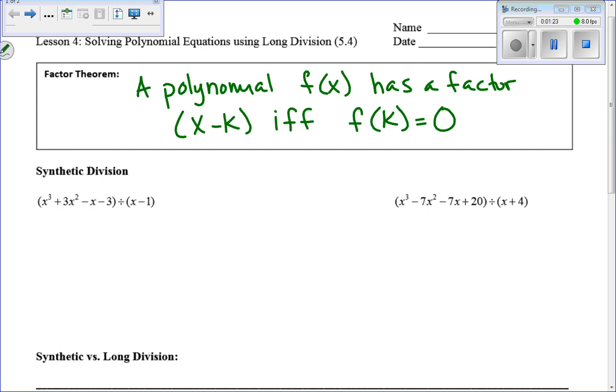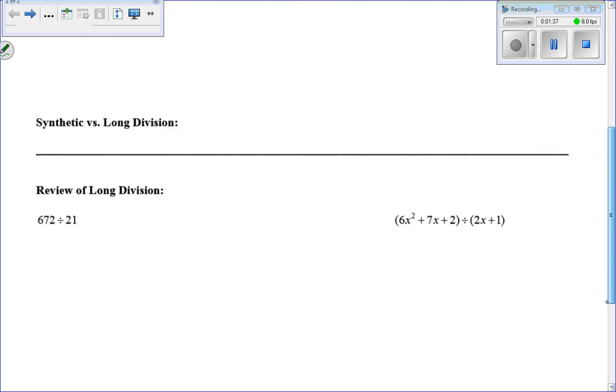Okay, so what that means is if you take the value of k and substitute it in for x, it should equal 0. If it doesn't, we have the remainder theorem, which is down here.